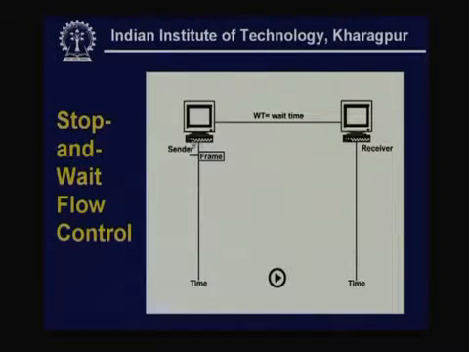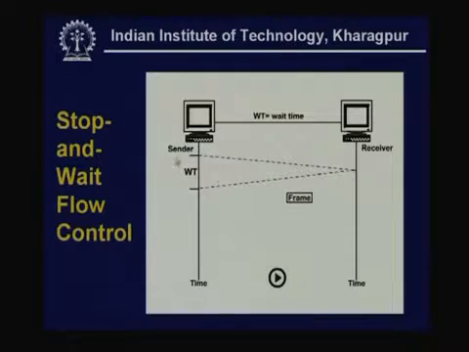So here is the sender side and here is the receiver side, and a frame is ready for transmission and it is being sent by the sender. It takes some time to reach the receiver, known as the propagation time, and after receiving the frame, the receiver will take some time to do some processing, then it will send an acknowledgement, and the acknowledgement will reach the sender, and after it is received by the sender, the sender will send another frame.